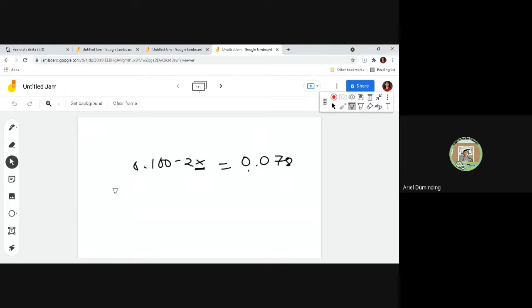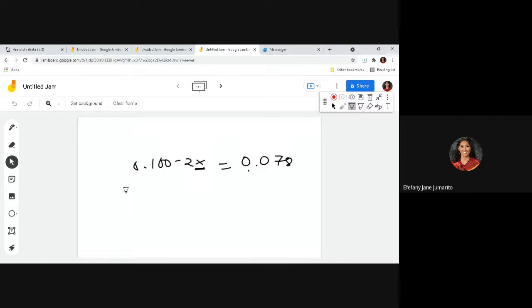So we have that transpose. So it will become 0.100. Ang 2x ako balhin, class. Kaya ron ma-positive siya. Since 0.078 is positive, that will become negative 0.078. Then 2x is positive.